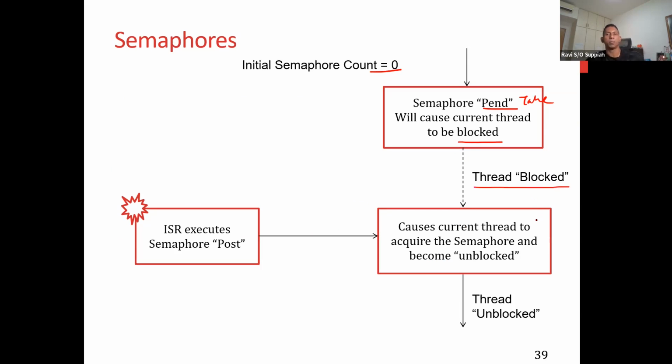I will remain in this blocked state until somebody releases the semaphore by calling a post. Once the semaphore is released, it will be allocated to the task that was waiting for it, and that task will become unblocked. The count is still 0 because it is basically taking from the person who posted it and giving it to the person who was waiting for it. So the count is still 0.